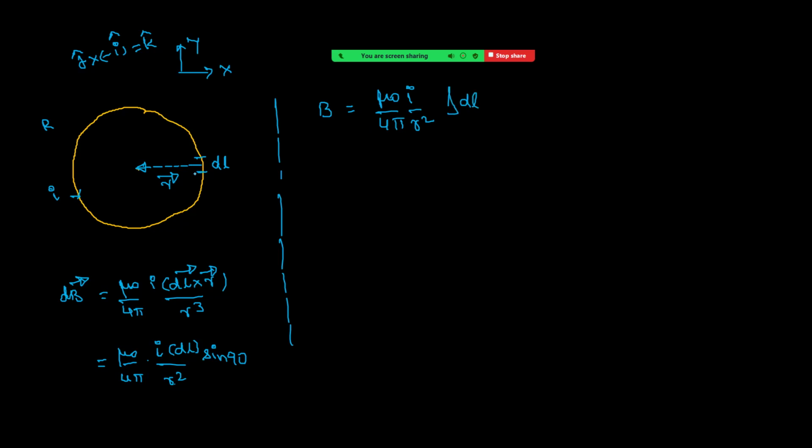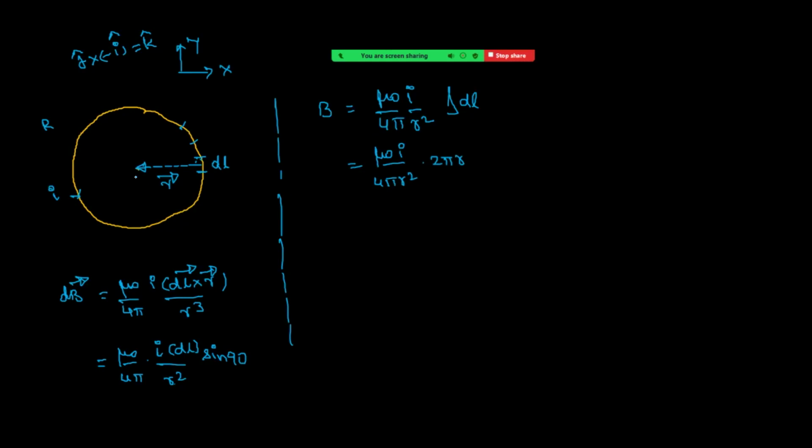If you take sum of these lengths dl, that gives us circumference, right? That is now mu naught I upon 4 pi r square into 2 pi r.